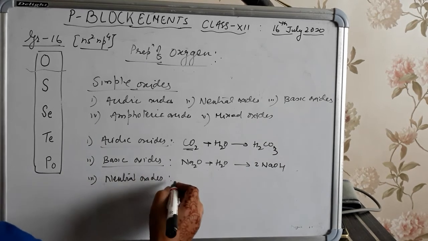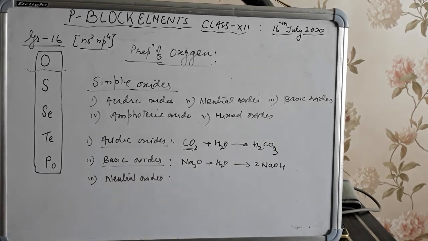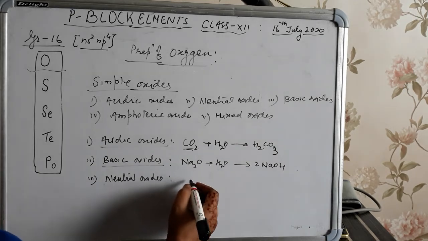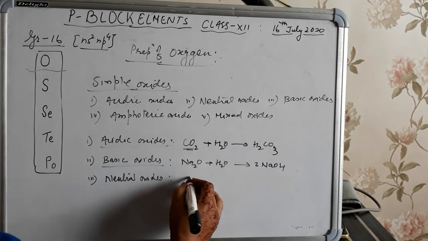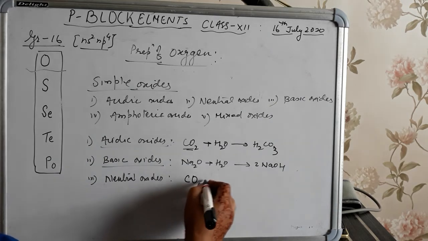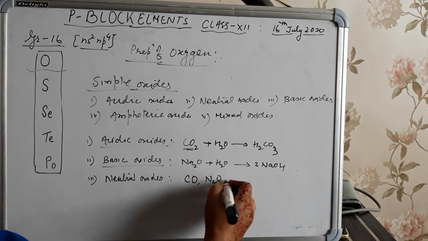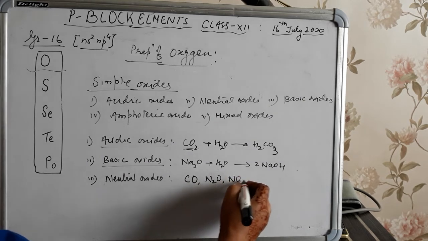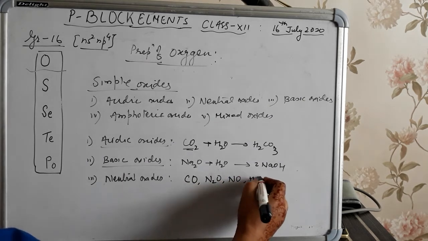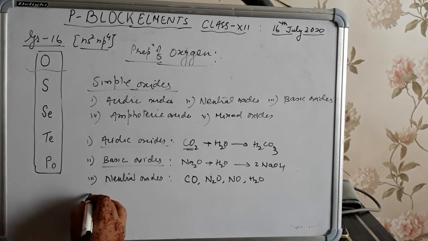Neutral oxides show no characteristics with litmus paper or other test methods. For example, carbon monoxide, N2O nitrous oxide, nitric oxide, and water is also known as a neutral oxide.